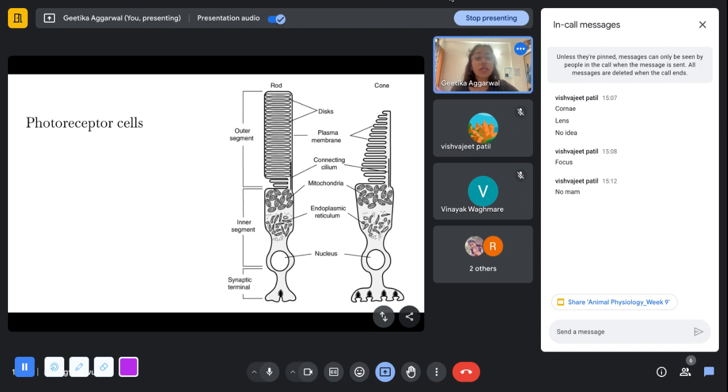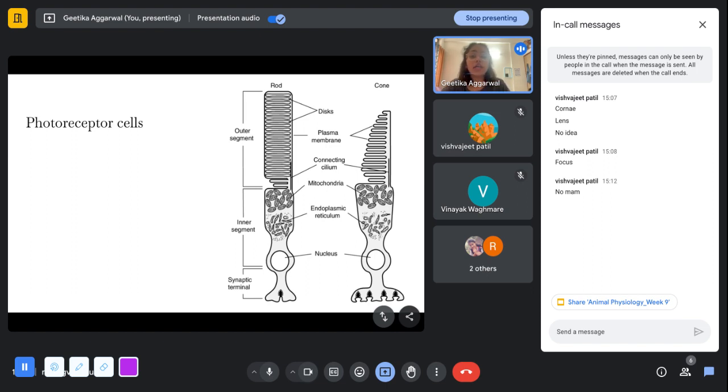Okay, no worries. One basic difference between rods and cones is that rods are just sensitive to the presence of light. If a person does not have cones, or if the cones are not functioning properly, then that person will only be able to form a black and white image, because the rods are only sensitive to the intensity of light. They are not specific to a certain wavelength or to different colors of light, so they cannot identify colors.